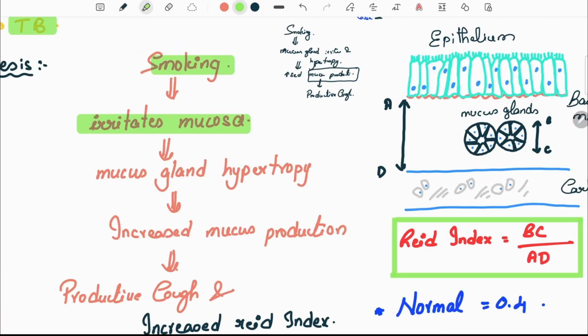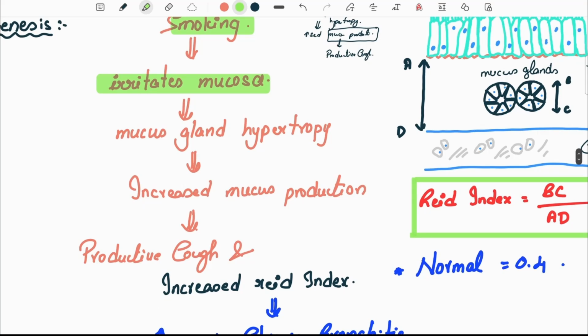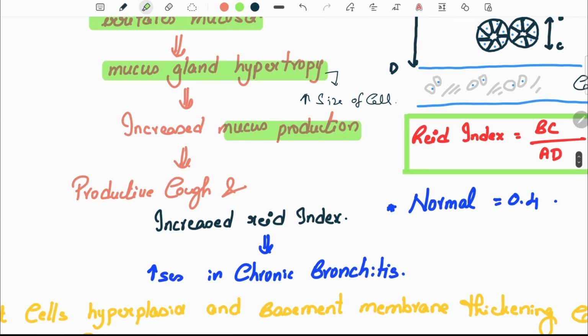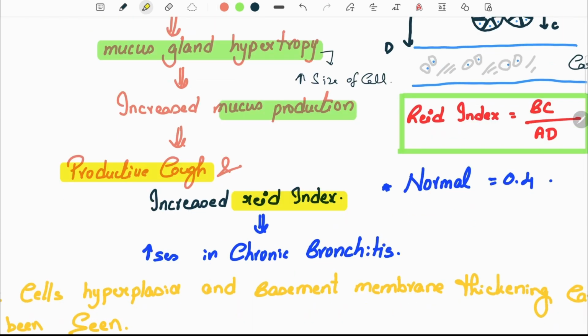Hypertrophy is nothing but the increase in the size of the cell. Means the size of the cell is increasing, so there will be more production of mucus. As the mucus is producing more, there will be productive cough and increased Reid index.